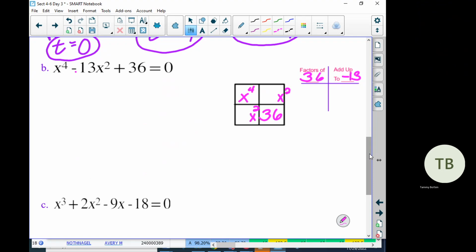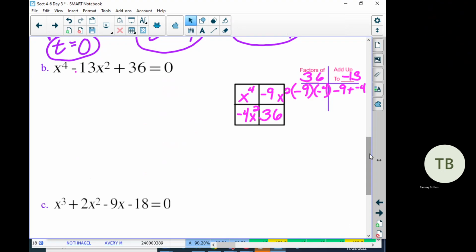Anyone think of what that would be? They're both going to be negative. Negative 9 times negative 4 is a positive 36. Negative 9 plus a negative 4 is negative 13. Very good. So one of these is going to have a negative 9. One's going to have a negative 4.